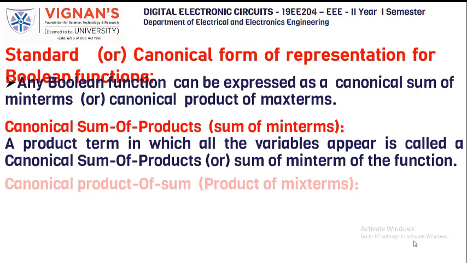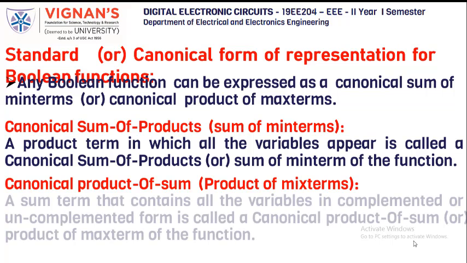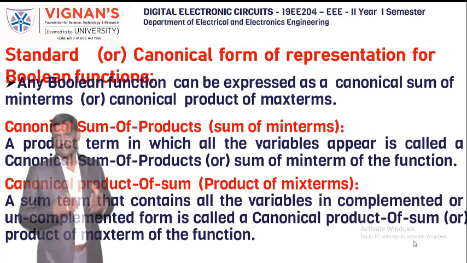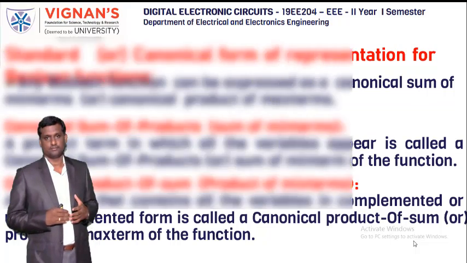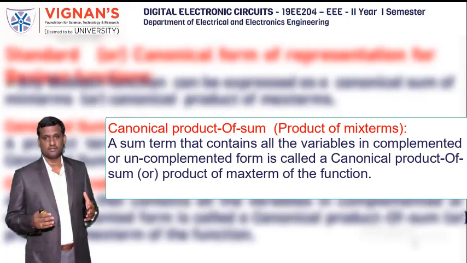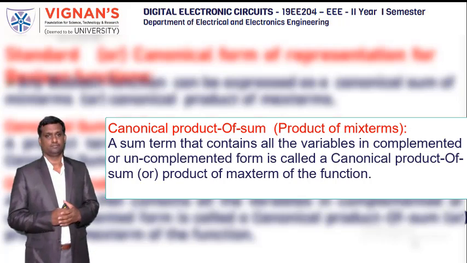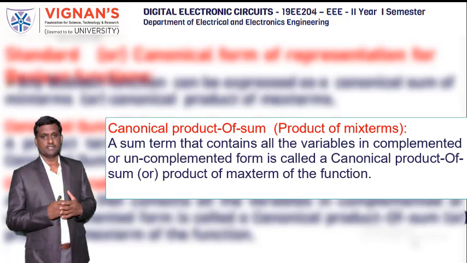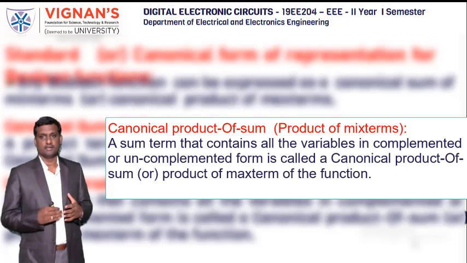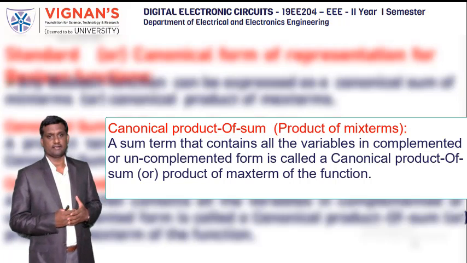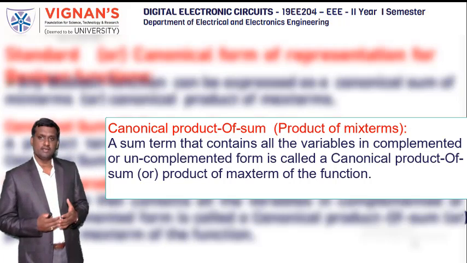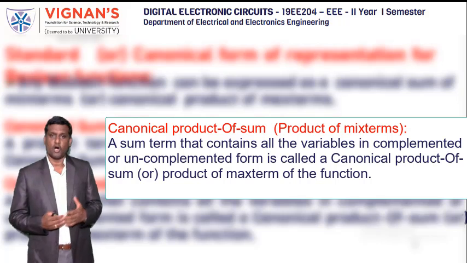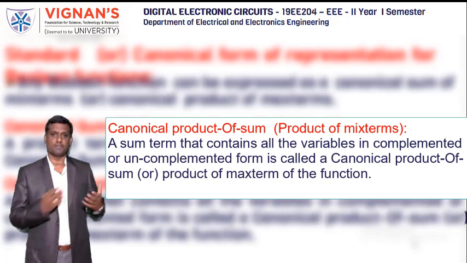Next one is canonical product of sums. This is also called a product of max terms. In this one, the expression consists of sum terms in product form. That expression may be in complemented form or uncomplemented form.